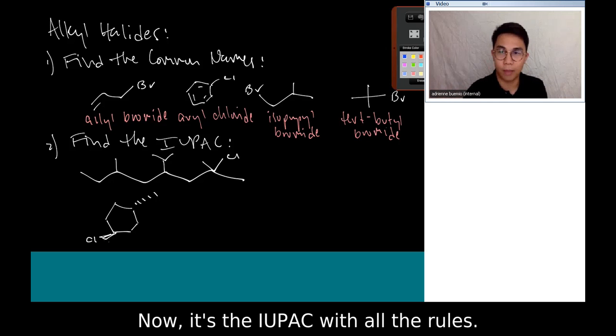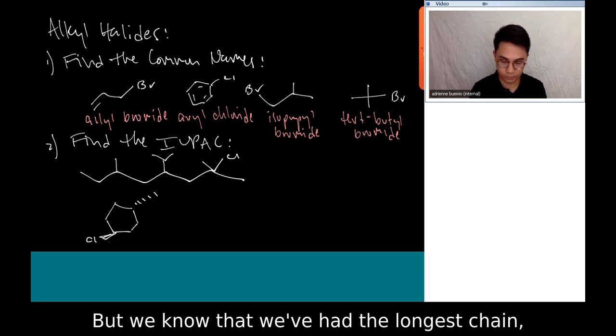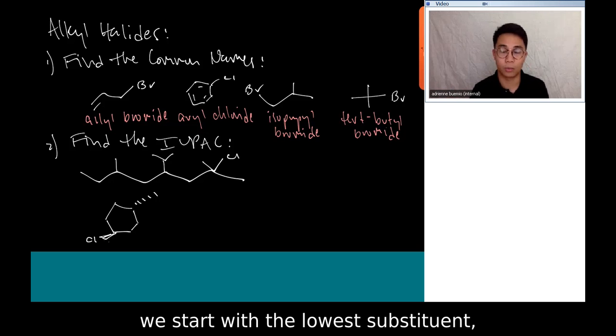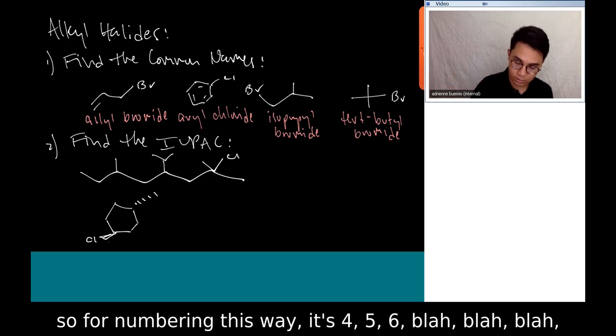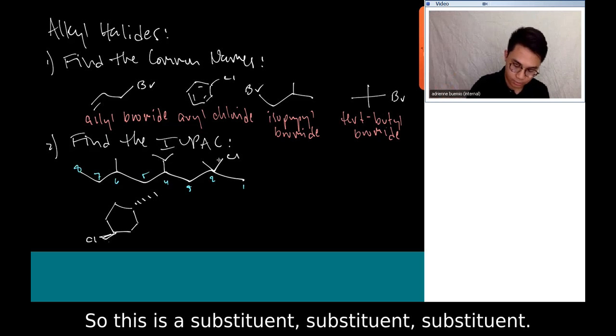Now let's do the IUPAC with all the rules. We've known what the rules are for some time now, so this shouldn't be a surprise. But we know that we find the longest chain. We start with the lower substituents. So for numbering this way, 4, 5, 6, blah blah blah, 8. So this is the substituent, substituent, substituent.